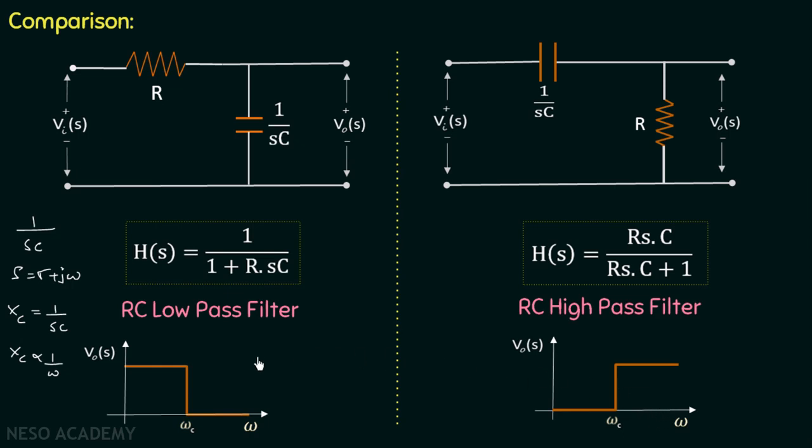But in case of the low pass filter, after the critical frequency, the output is equal to 0. But before the critical frequency, the output is non-zero. So now we are done with the comparison of these two circuits, and now we can easily differentiate the RC low pass filter and the RC high pass filter.